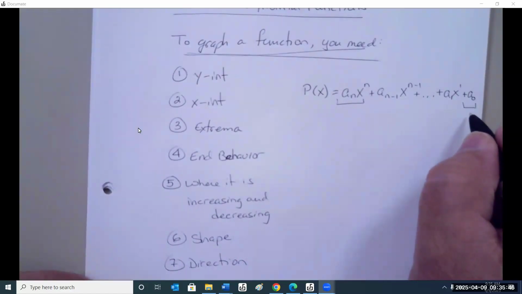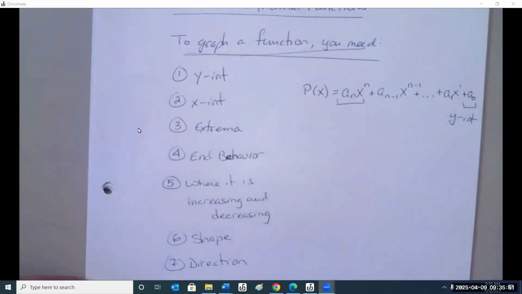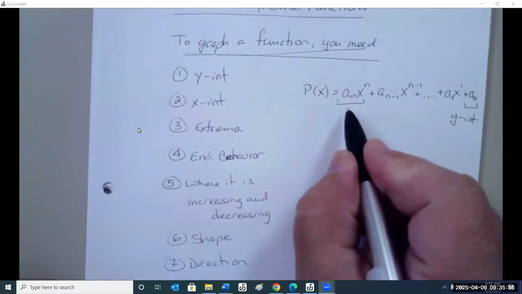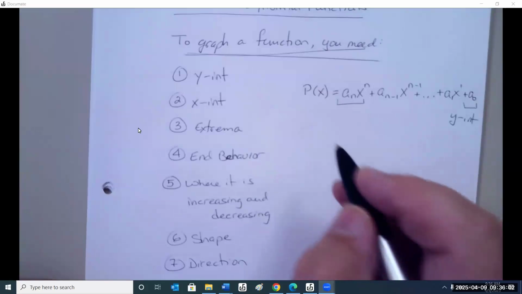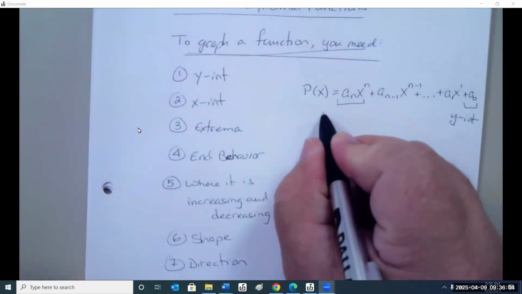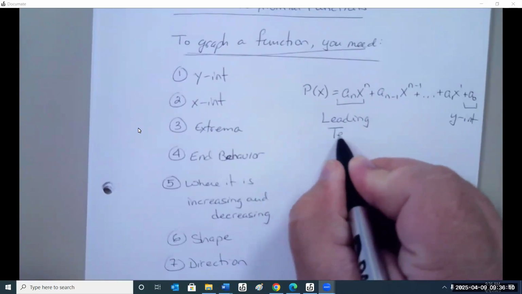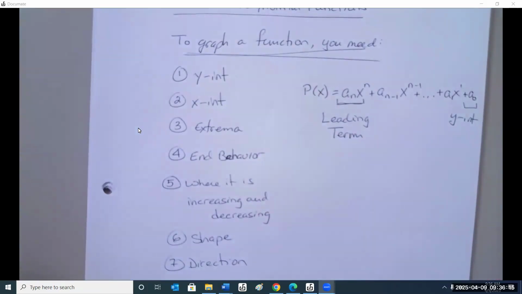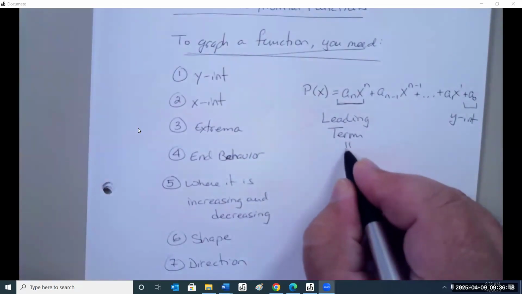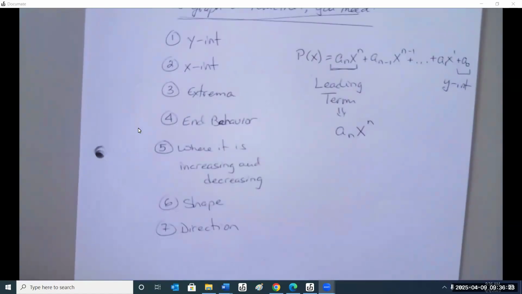The last one does what for us? That's our y-intercept, right? So that tells us where it crosses the y-axis. We know that point automatically. The other one, this one here, is probably the most important one. It's called the leading term. The leading term is made up of a bunch of information.